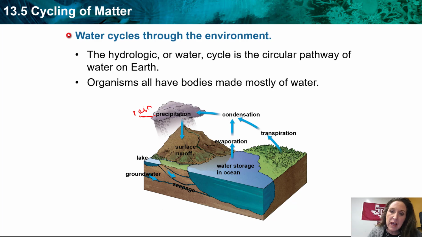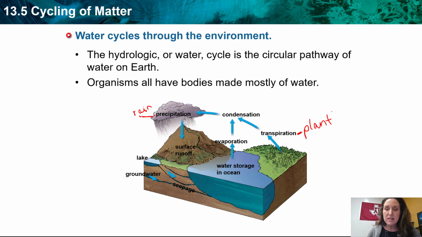So if it's stored in the ocean or a lake, it is going to evaporate, okay? Now, what we call transpiration is basically plant sweating. So like when we sweat, we get water on our skin that evaporates.